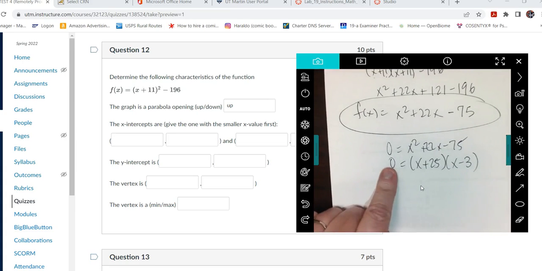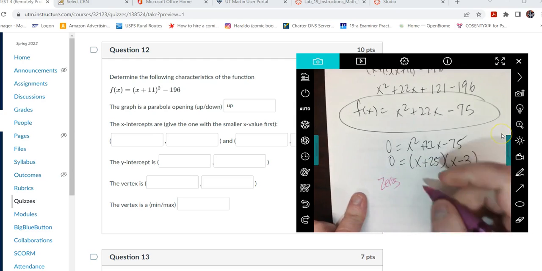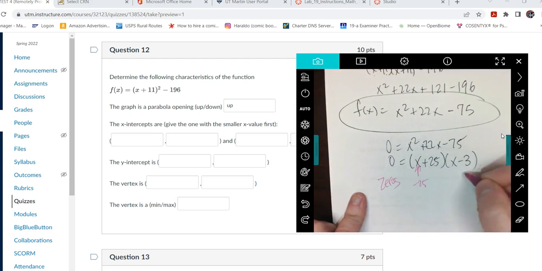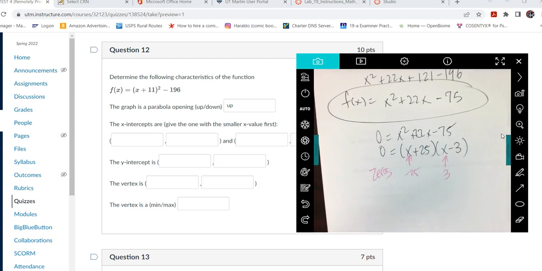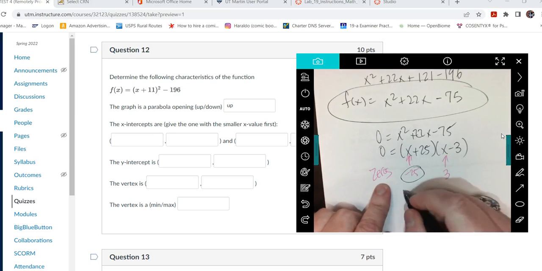Okay, so what will make this 0? What are the zeros? The zeros are going to be negative 25 and 3. And so those are real numbers, and so those are going to be my x-intercepts. Now, the smaller number first. The negative number is the smaller number. And those are my x-intercepts.